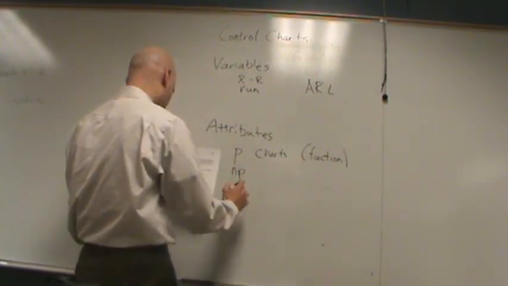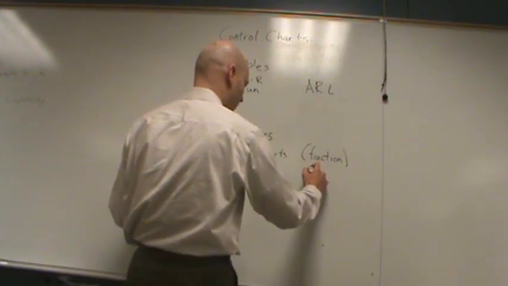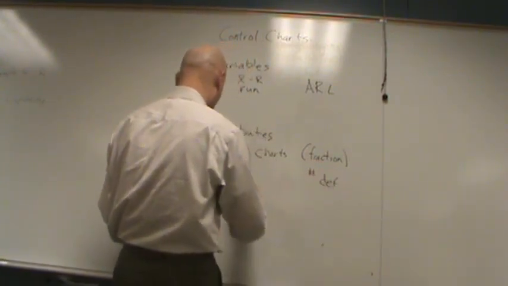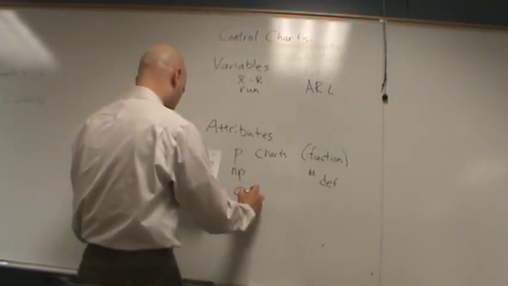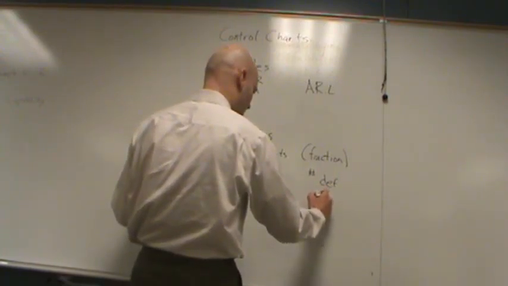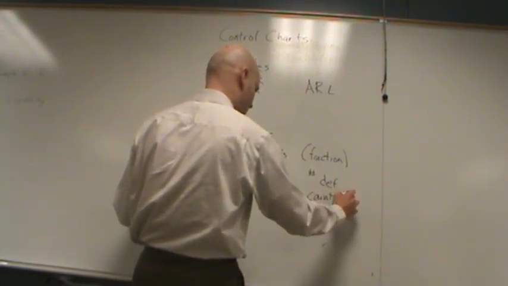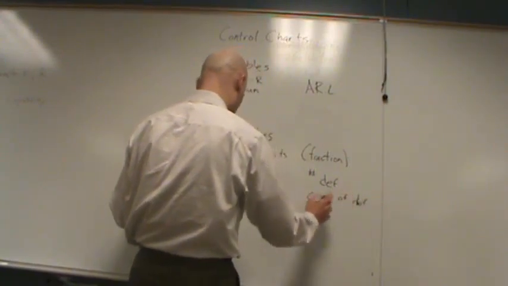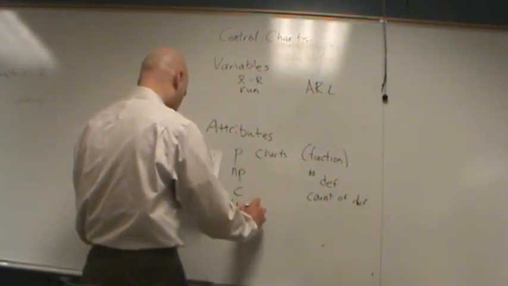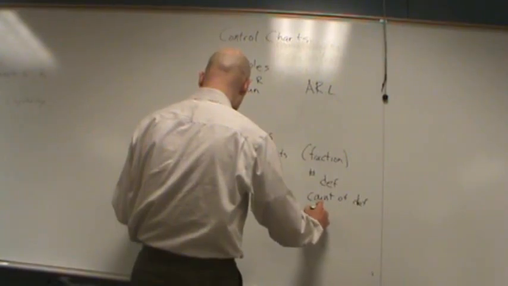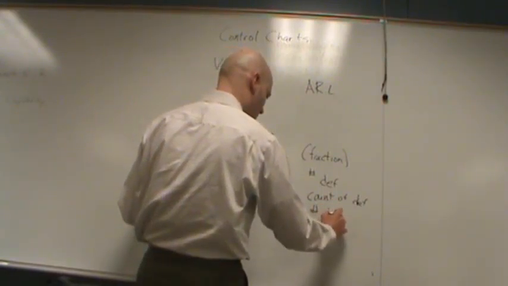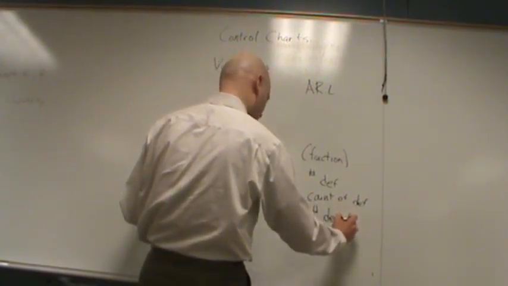NP charts, that's number of defective. C is typically, that's where it comes from, count of defects. U chart is number of defects per unit.